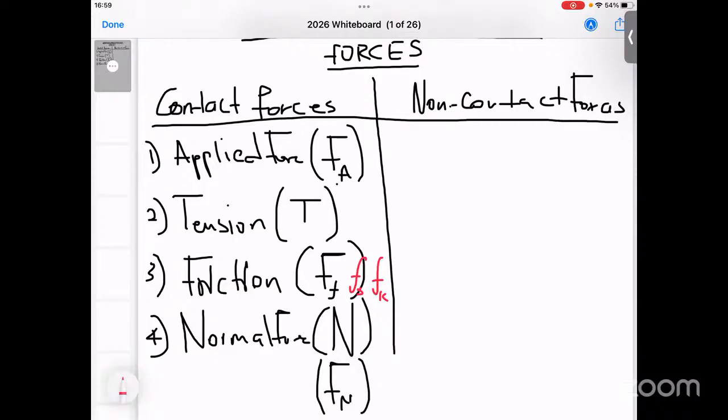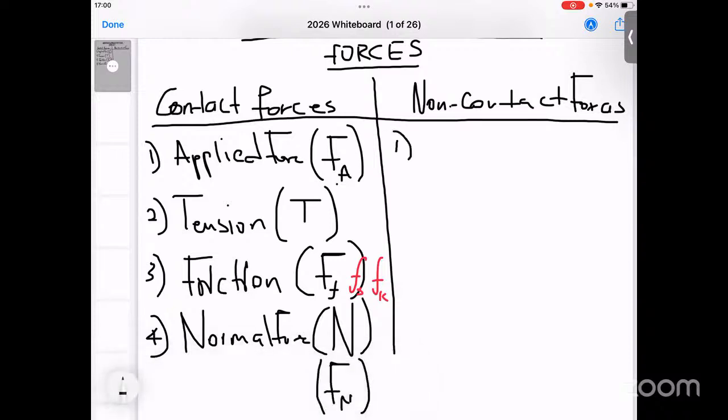So these are the types of contact forces that you need to be aware of, contact forces being forces exerted between objects that are in contact with each other. What about the non-contact forces?